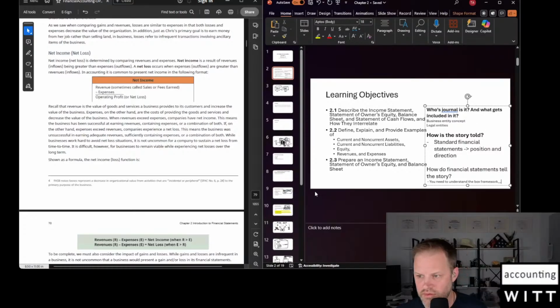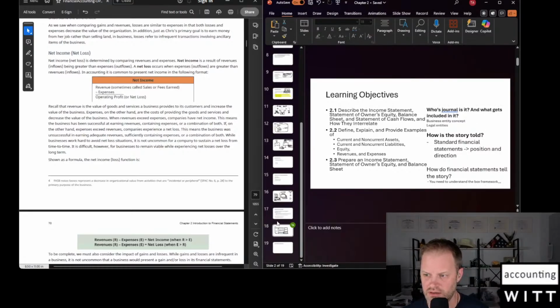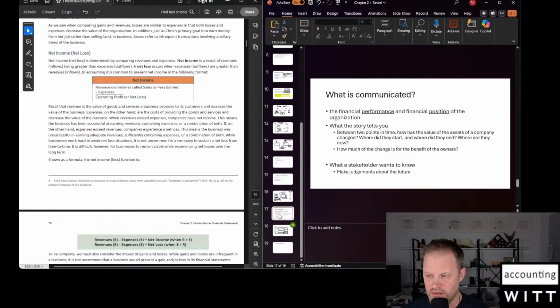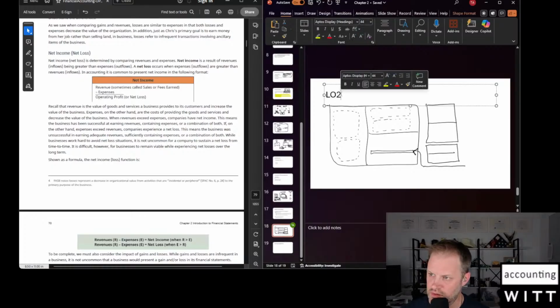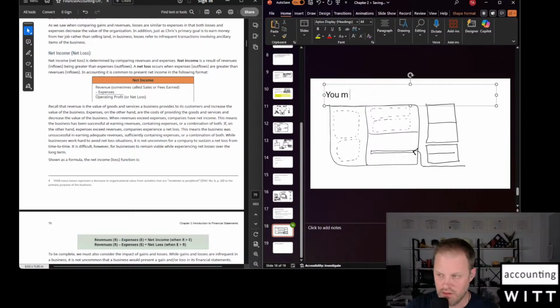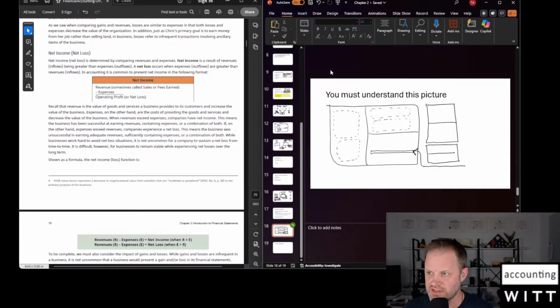So this whole thing is a build up to saying, if you want to know how the financial statements work, you have to understand this picture. So that's the big statement.